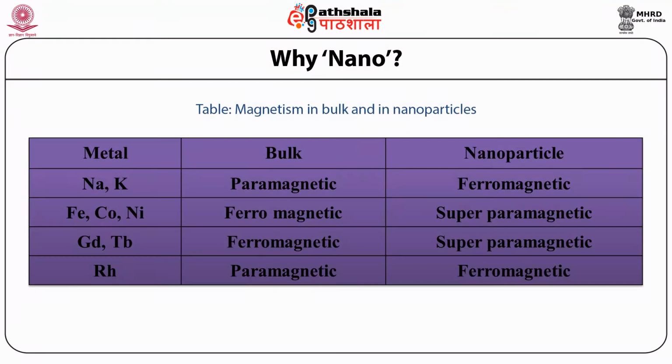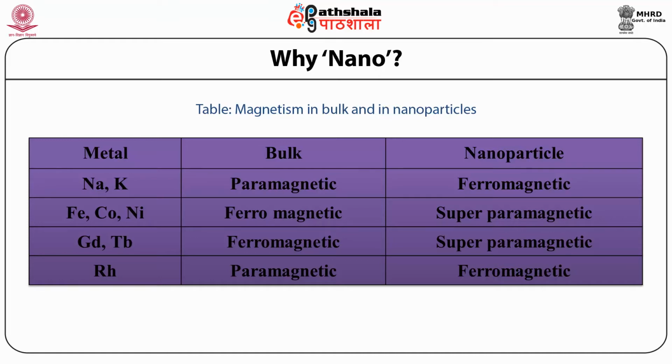According to this table, the magnetism in bulk and in nanoparticles are tabulated. That is the sodium. In bulk, it is paramagnetic, and when we prepare the nanoparticle, it becomes ferromagnetic. In the case of iron, cobalt, nickel, ferromagnetic in the bulk changes to superparamagnetic in the case of nanoparticles.